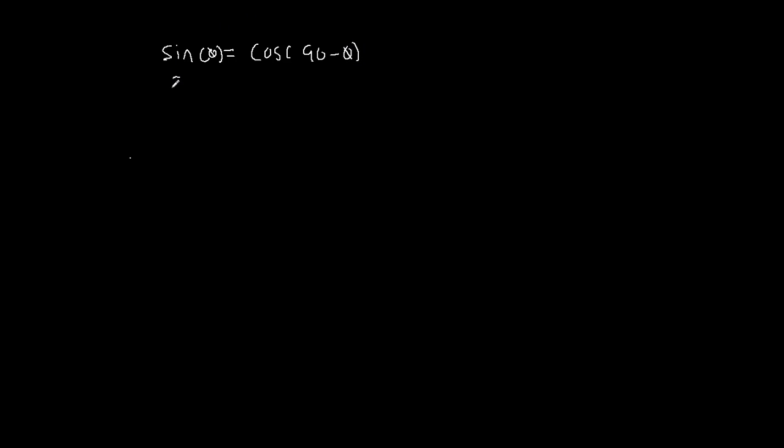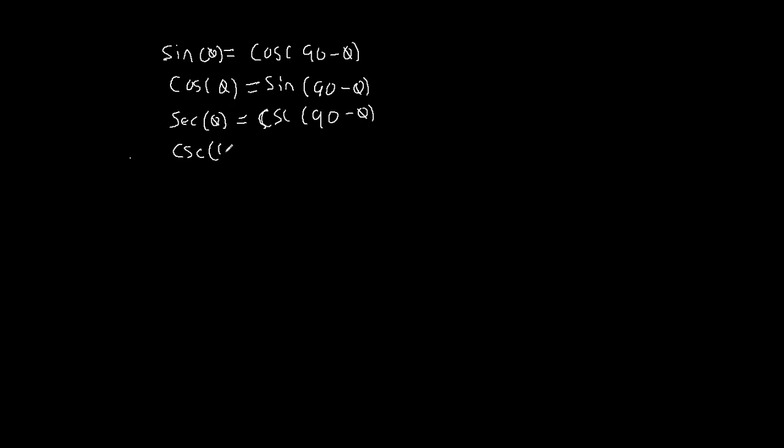Cosine of theta is equal to the sine of 90 minus theta. We have the secant of theta equal to the cosecant, which is CSC, of 90 minus theta, and the cosecant of theta is equal to the secant of 90 minus theta.